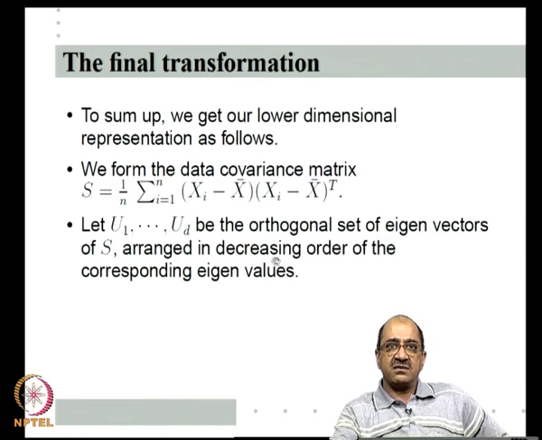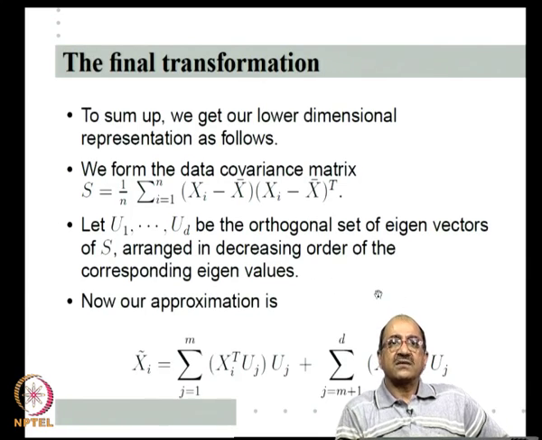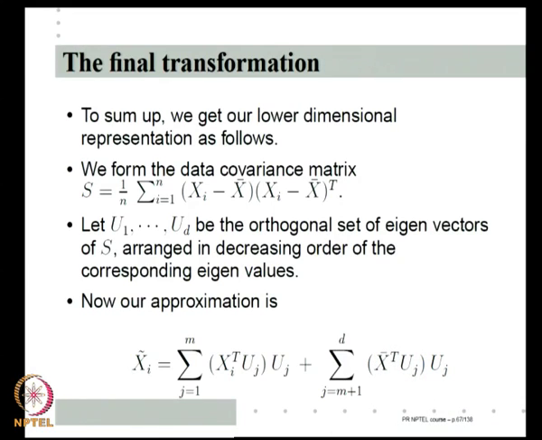Once I have this complete eigenspectrum arranged like this, my low dimensional approximation xi tilde is the sum for j equal to 1 to m of xi transpose uj times uj, where u1 to um are the eigenvectors corresponding to the top m eigenvalues of S, and then there is a constant term, the sum for j equal to m plus 1 to d of x bar transpose uj times uj. Okay. This is my low dimensional approximation.